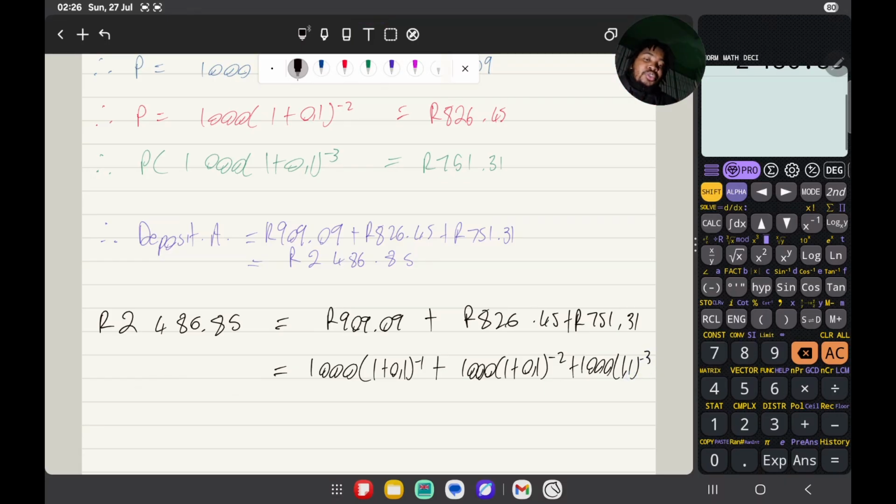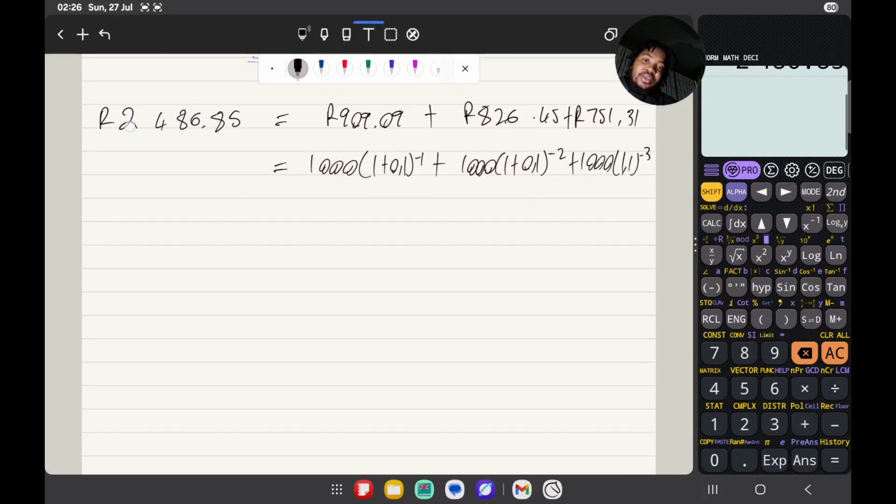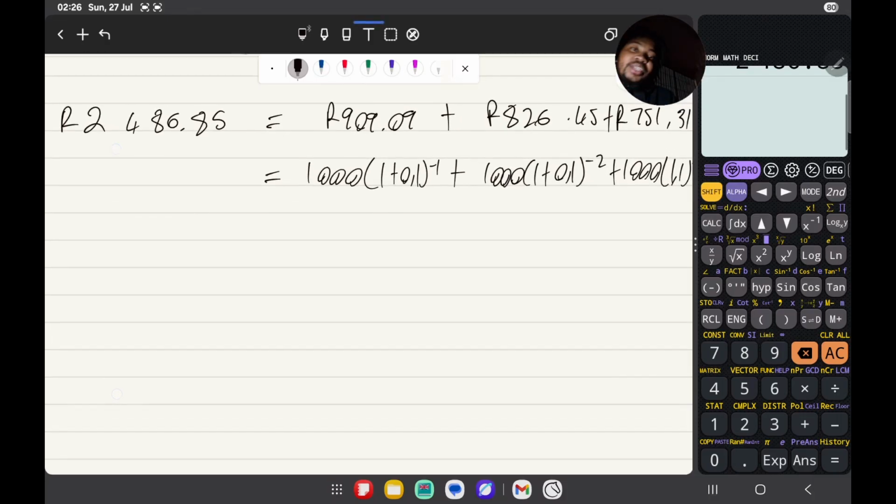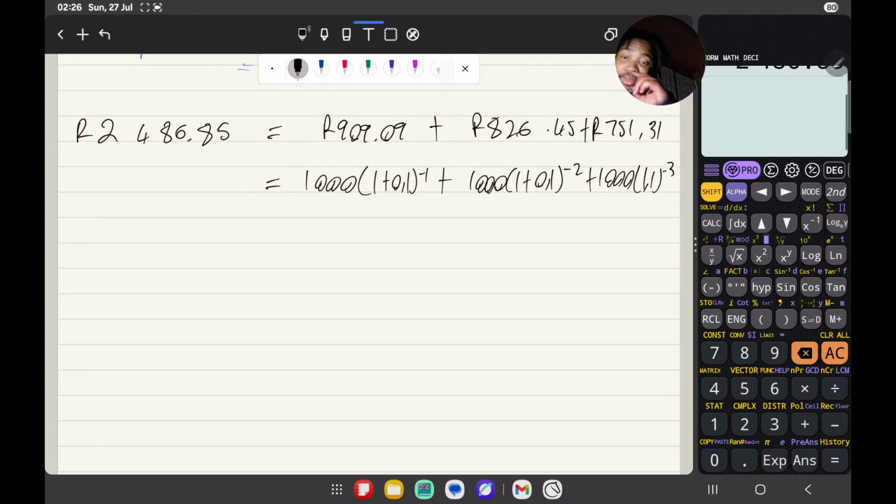This is how we actually got it, and you see that there's a series. As for which series, let's test it out. We will find it's a geometric series, of course, but we just want to be sure.